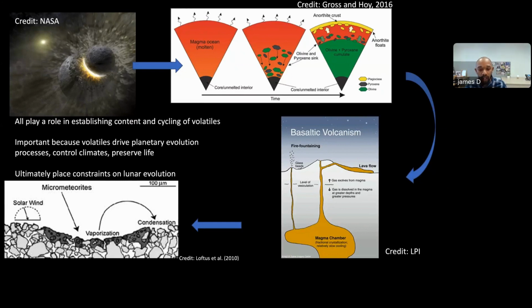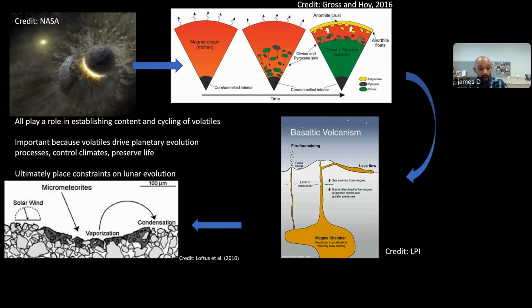And then there was a significant amount of volcanism, both as effusive basaltic volcanism, but also as fire fountains. And lastly, there is the most recent stage where you have lots of solar wind sputtering and implantation, and micrometeorite bombardment that causes soils and grain volatiles to be moved around on the lunar surface.